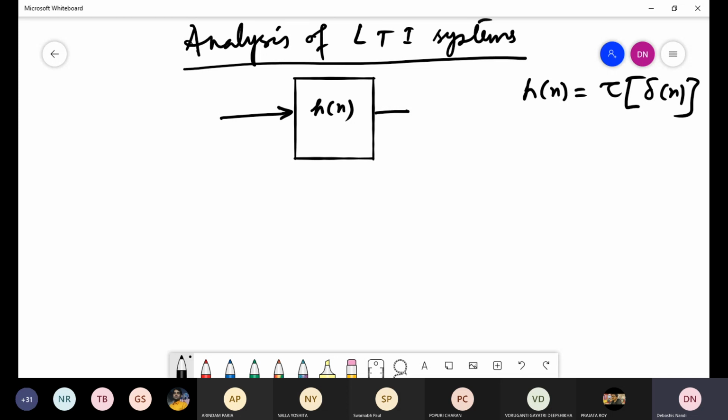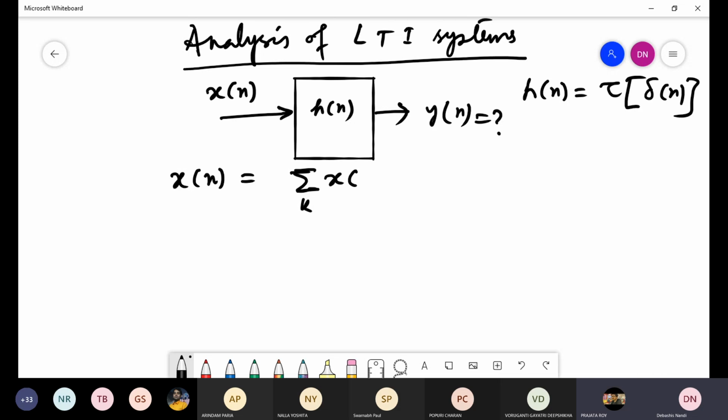Okay, this is given. And here, if you apply some arbitrary function x(n), then what about y(n)? Okay, this is the question. We have to answer this. Now you see, we have already defined x(n) is equal to summation over k.